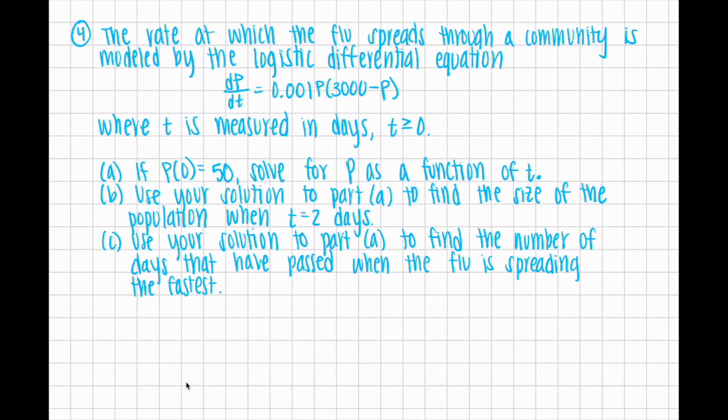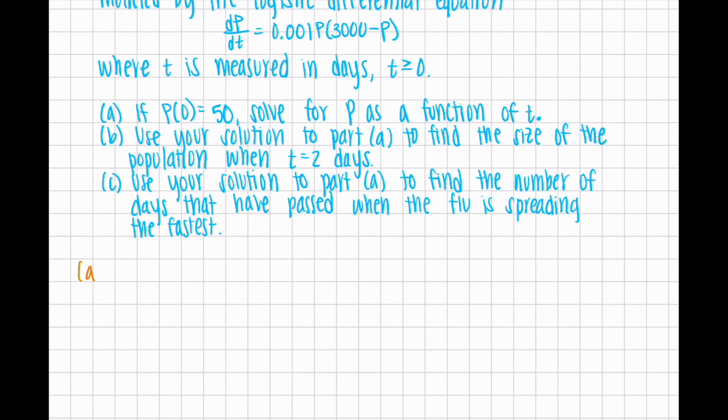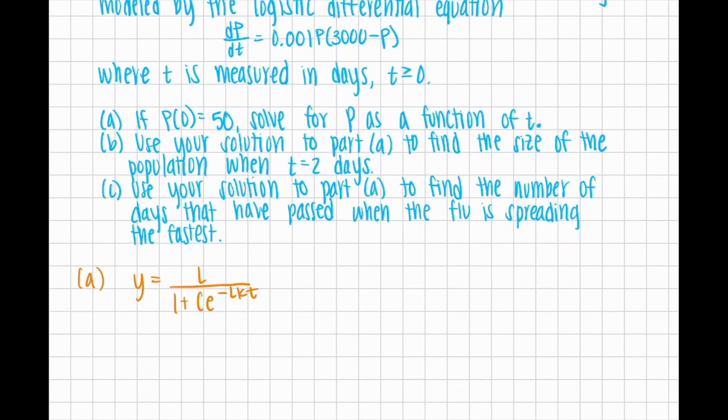We have one more. This one says the rate at which the flu spreads through a community is modeled by this logistic differential equation, where t is measured in days and t is greater than or equal to 0. If P of 0 equals 50, solve for P as a function of t. For this one, we are going to be using our y equation. So let's start with our generic y equation and put it in our context.